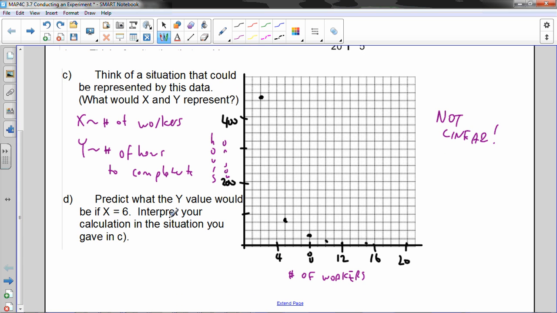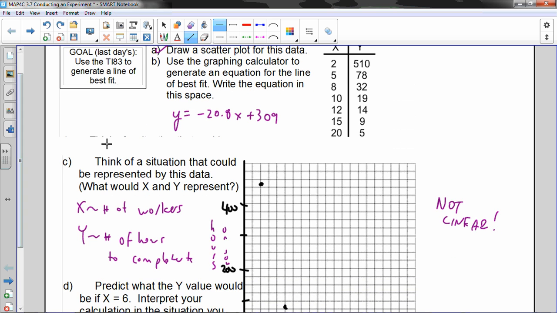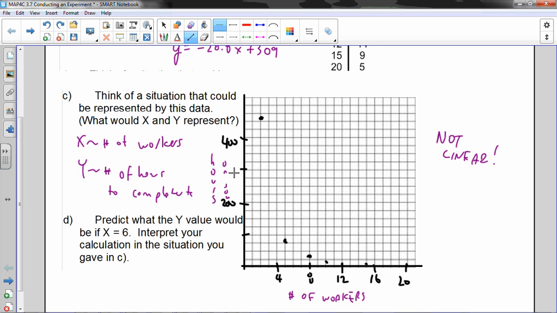Predict what the y value would be if x equals 6. Now, notice our line of best fit. Did it ask us actually for a line of best fit? Nope, we just had to write it, but our line of best fit would be something like that, 2 above and 3 below, not bad. I know from doing the regression on the calculator that the y-intercept is about 300, so that's not bad.